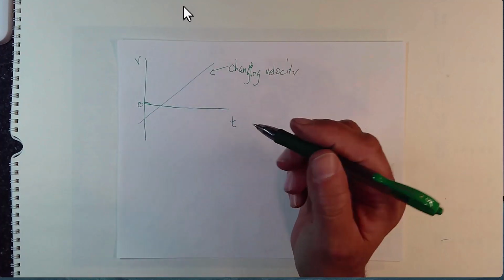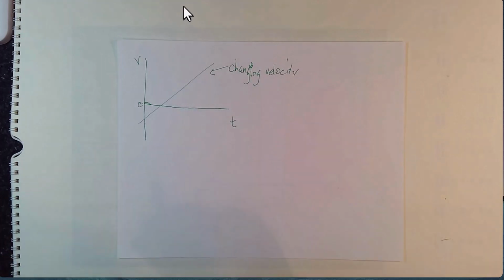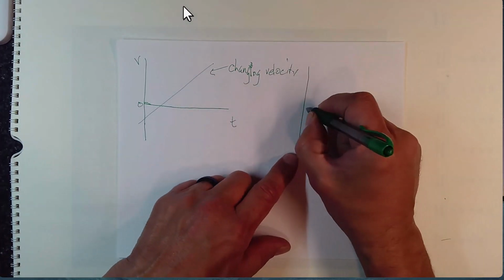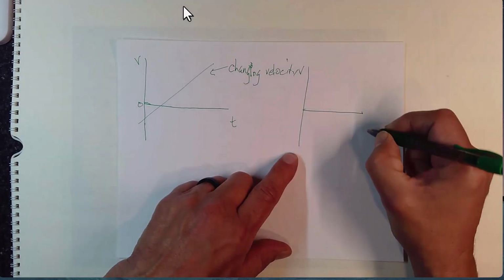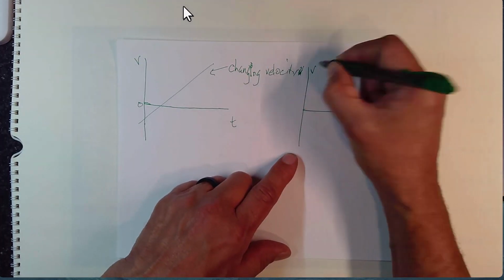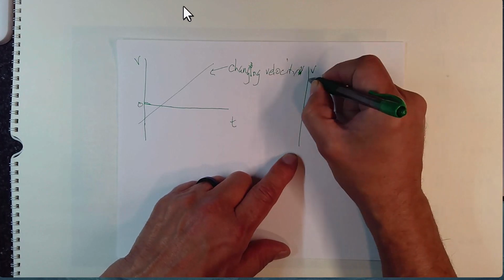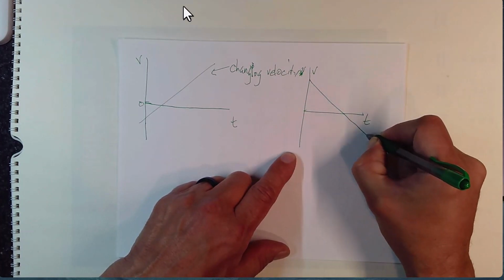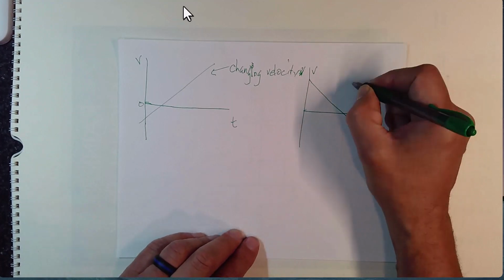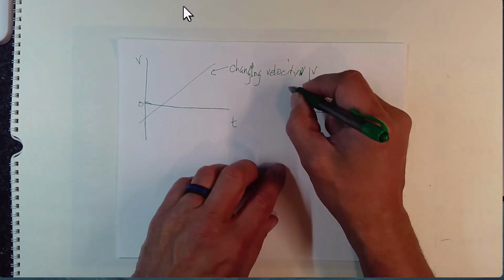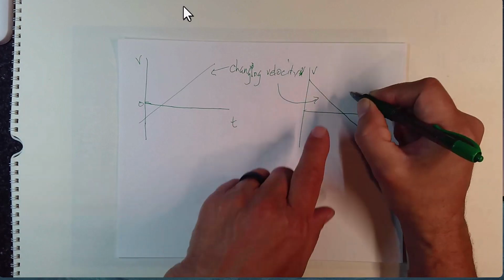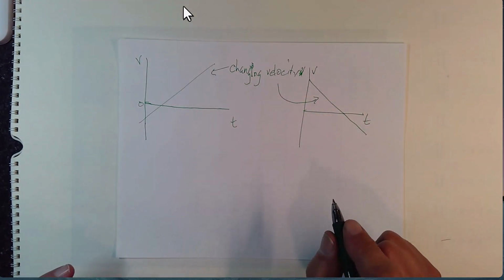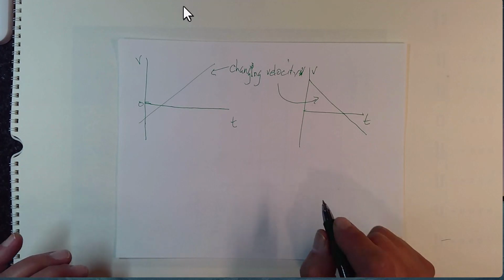That's something that we tend to call acceleration, except for us, acceleration will have a broader definition. We could also have a v versus t graph where the velocity is doing something like this and maybe continuing on into negative values. This is another changing velocity here. Anytime you have changing velocity, you have acceleration.